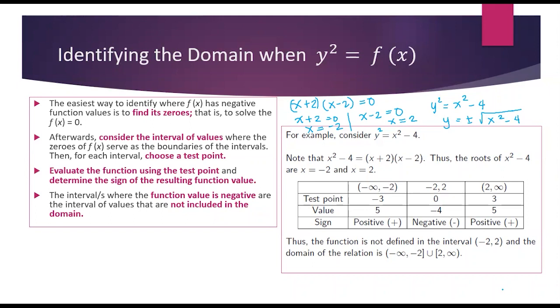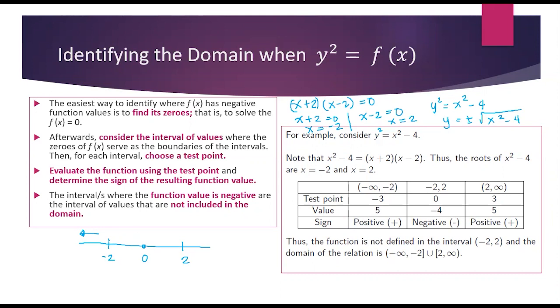Now let's construct the intervals. First, you consider the number line. This one is 0, this one is negative 2, and then we have positive 2. Negative 2 and beyond gives you negative infinity to negative 2.